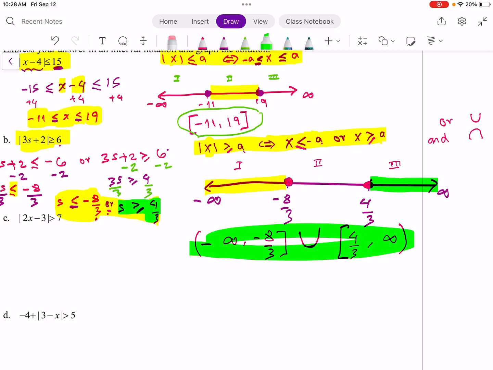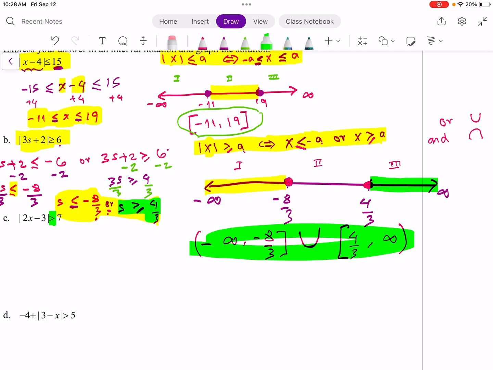Okay, now let's go ahead and do number C. So in part C, what do we have? We have the absolute value of 2x minus 3 is greater than positive 7. Now, our inequality has a greater than. So which definition do we use?